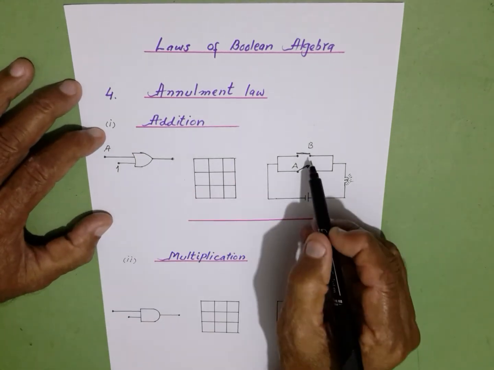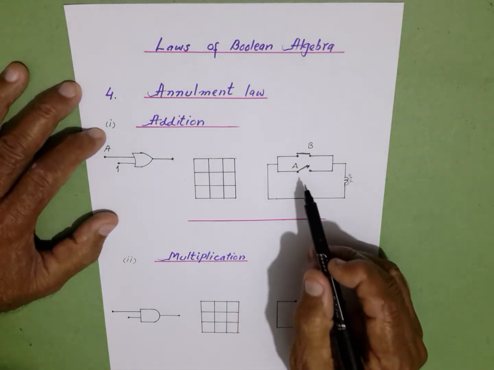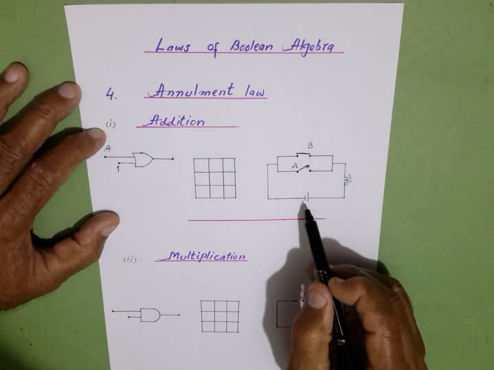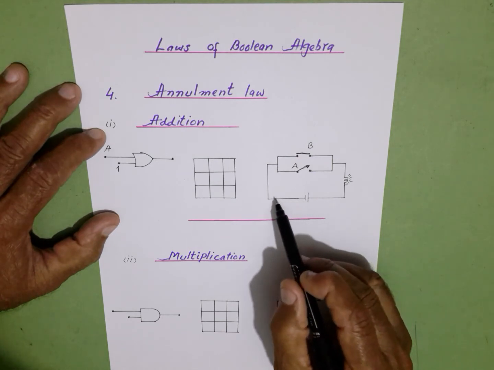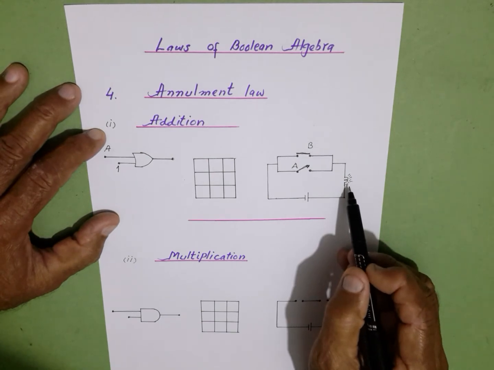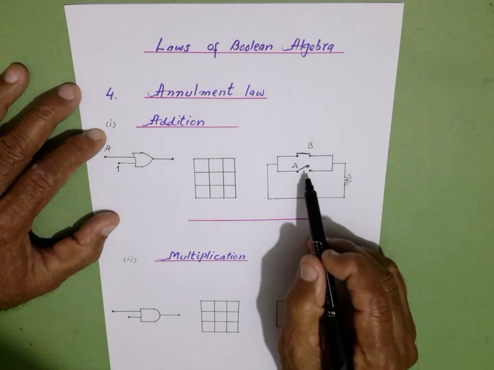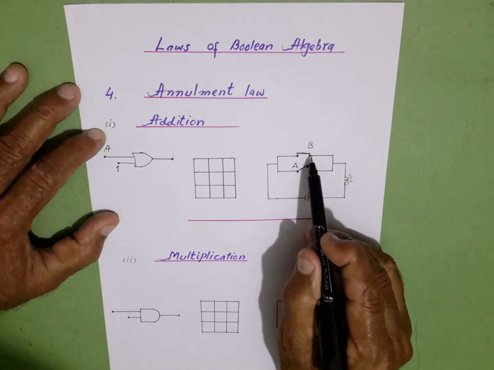This one is representing the B switch. Now, although A is open, the current can flow and find a path through B and the lamp lights. We get logic 1 in the output when A is open and B is permanently closed.